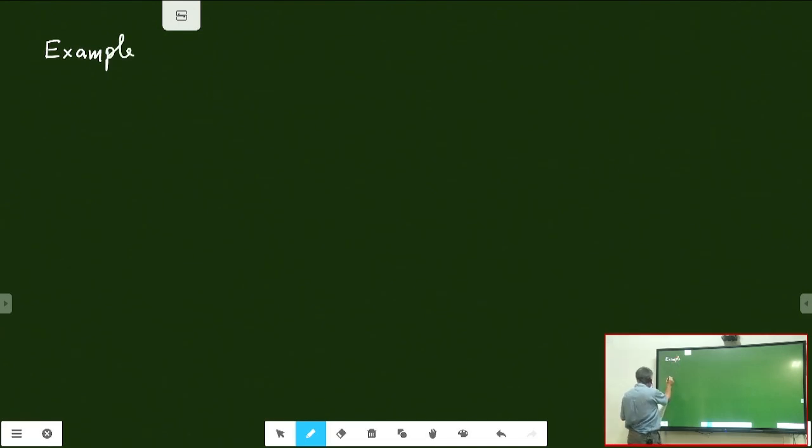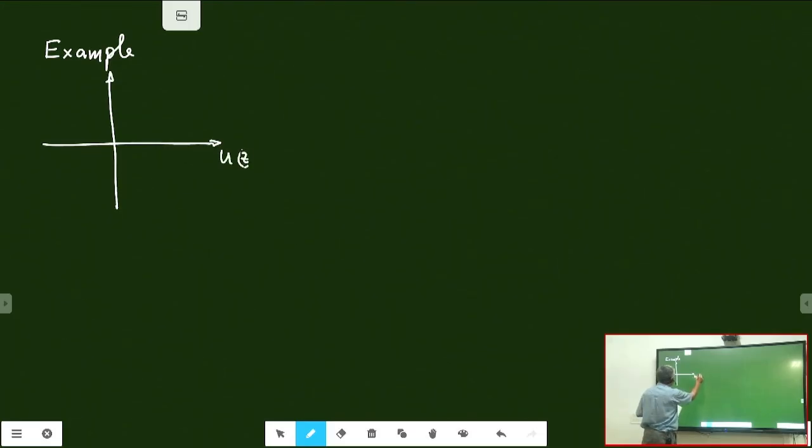And I draw the sketch. Two coordinate lines. So what do I have here? This will be my u of z bar axis, and I will make the numbers a little bit simpler. So this will be 1, this will be 1, this will be minus 1, this will be minus 1.